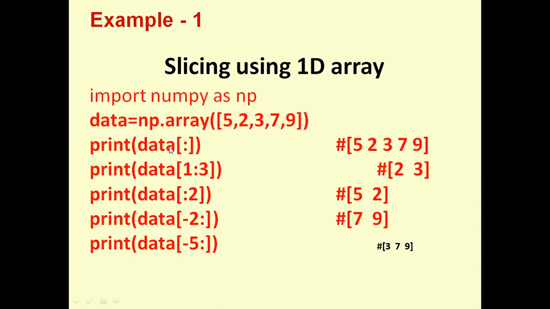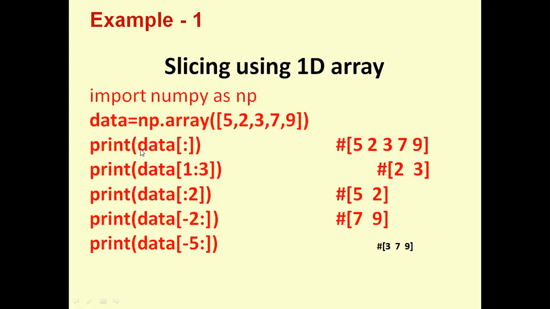Now print data. Only colon you are using, all the values from data will be displayed: all the values 5 2 3 7 9. When you use only an empty colon with the print command, it will display all the elements in the array.